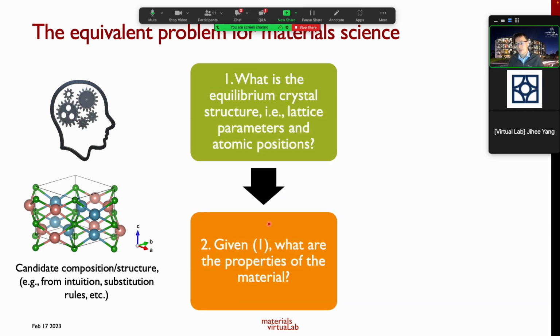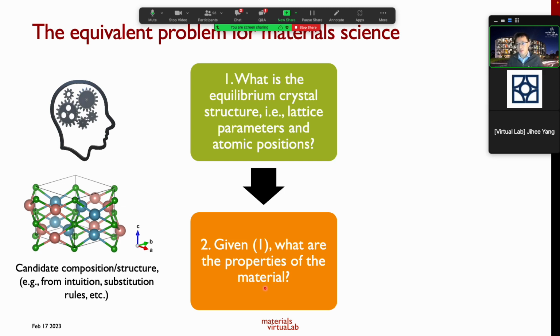So you start with some candidate, and you need to do two things, right? This is something that all of us in the computational material science field know, all right? The first step is to relax your crystal and try to find some low energy or equilibrium crystal structure, okay? In other words, we want to find the combination of lattice parameters and atomic positions that minimizes the energy of the structure, at least the local minimum, all right? And given that equilibrium crystal structure, the next step is, of course, to calculate the properties, right?